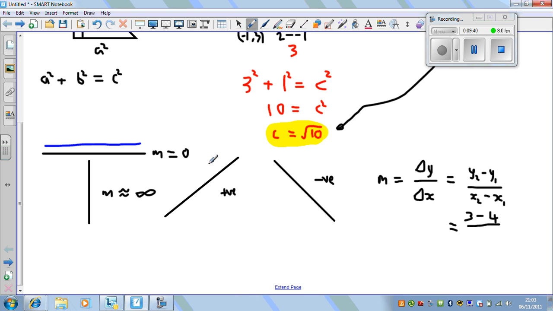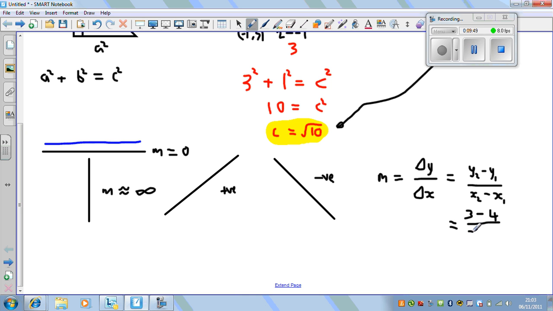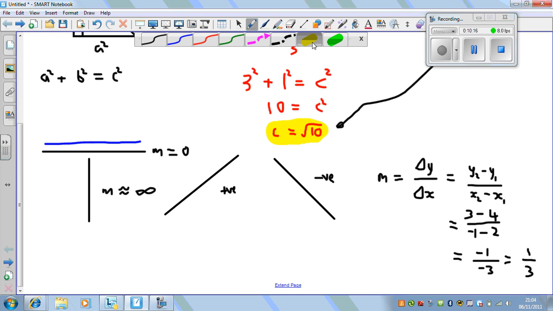Now we want x2 take away x1, which is -1 take away 2. 3 take away 4 is -1, and -1 take away 2 is -3. Minus 1 divided by minus 3 simplifies to a third, because two negatives divided by each other make a positive. And there's our answer for our gradient.